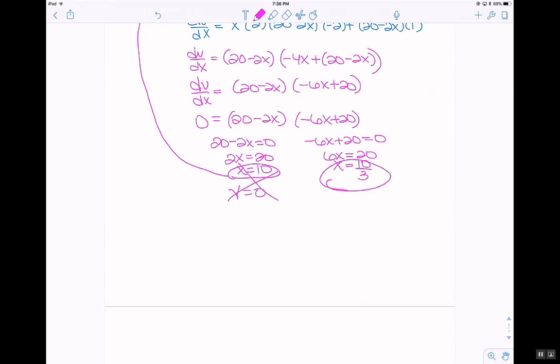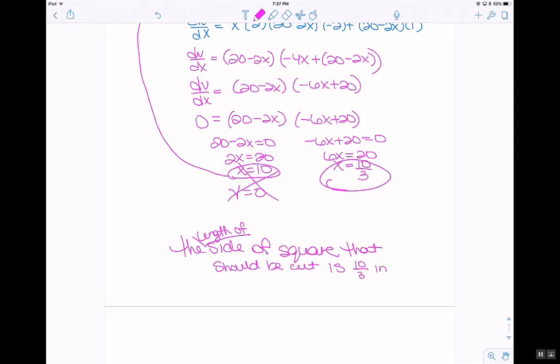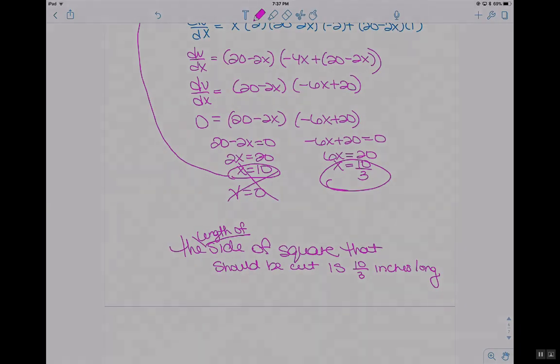So that means that the length of the side of the square that should be cut is 10/3 inches long. Okay? And that is it for this lesson.